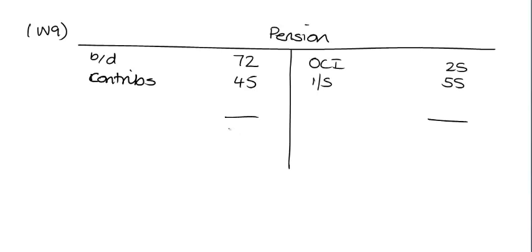So if I now take a look at this T account, I know that debits must equal credits. So it looks as if we've got a closing pension asset of 37. But if you are familiar with IAS 19, and now this next minute is a minute you'll never get back in your life.